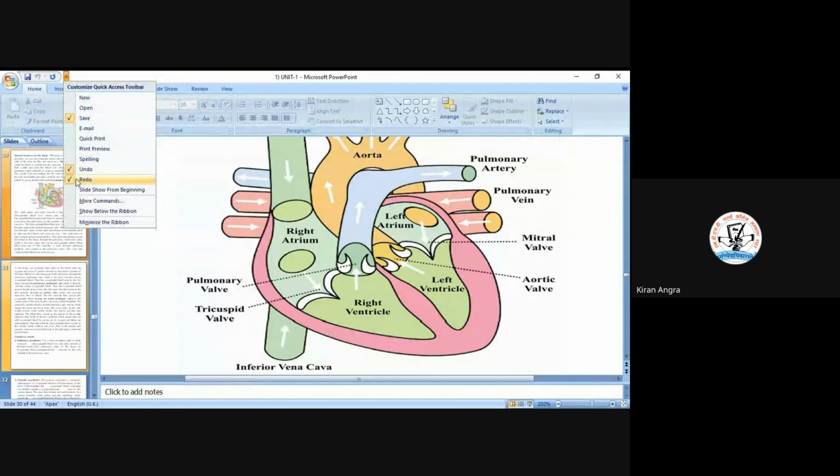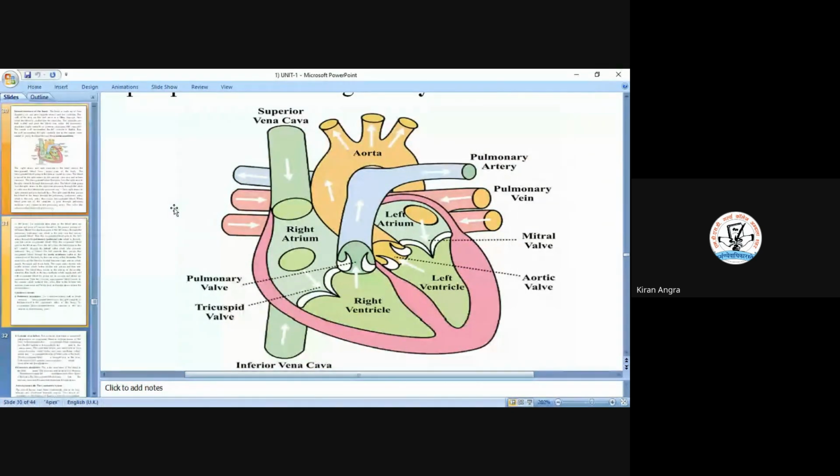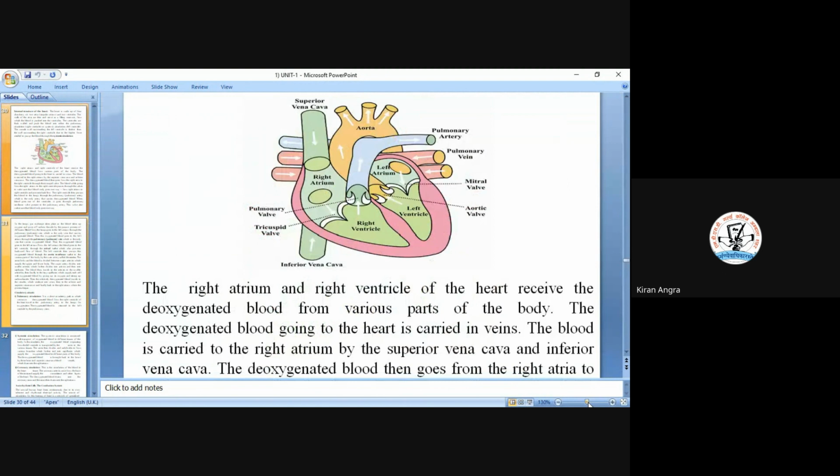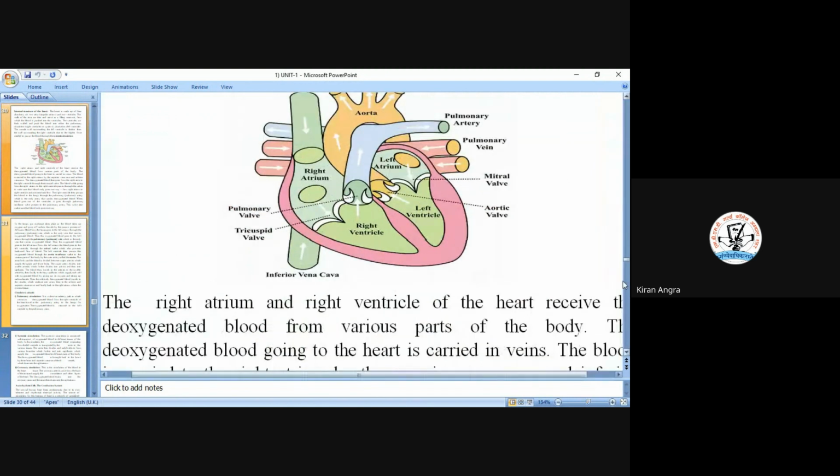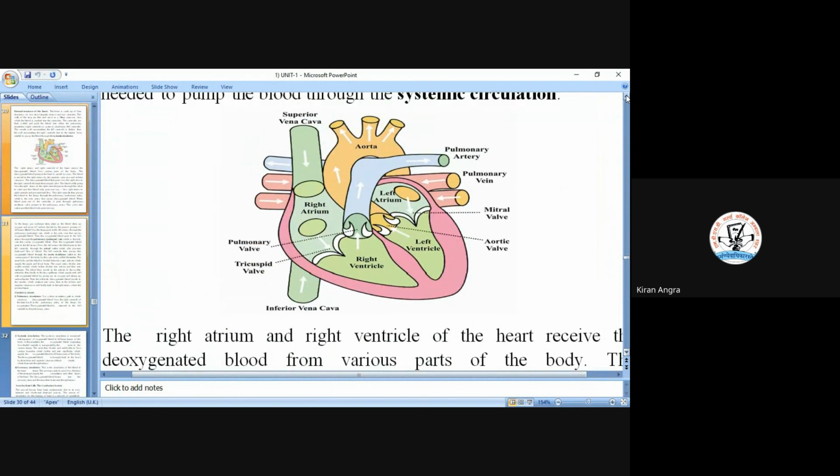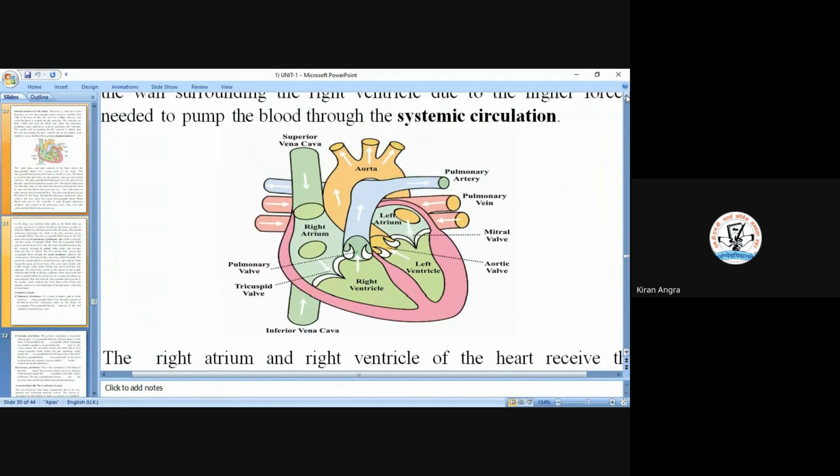This deoxygenated blood going to the heart is carried in veins. As I told you, arteries carry the pure blood, and veins carry the impure, deoxygenated blood. The blood is carried to the right atrium.